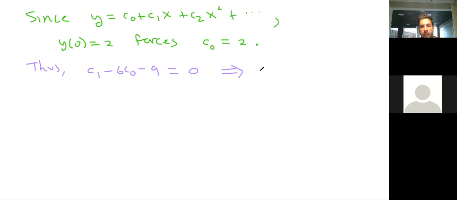So what's 12 and 9? That's 21. So this tells us right away that c sub 1 has to be 21. Again, if I replace c sub 0 with 2, I get negative 12 and negative 9. And so when I take it to the other side, I get positive 21.